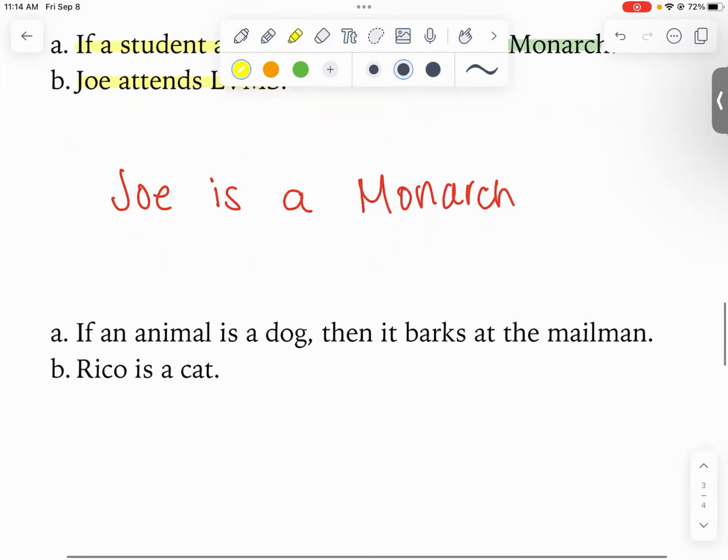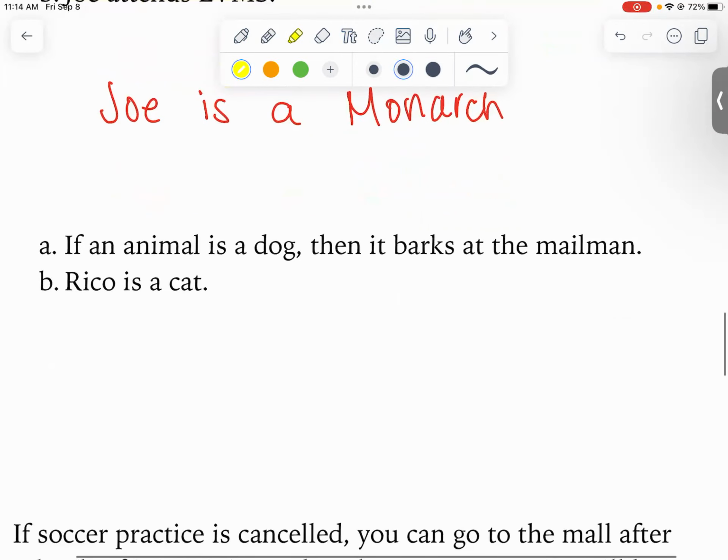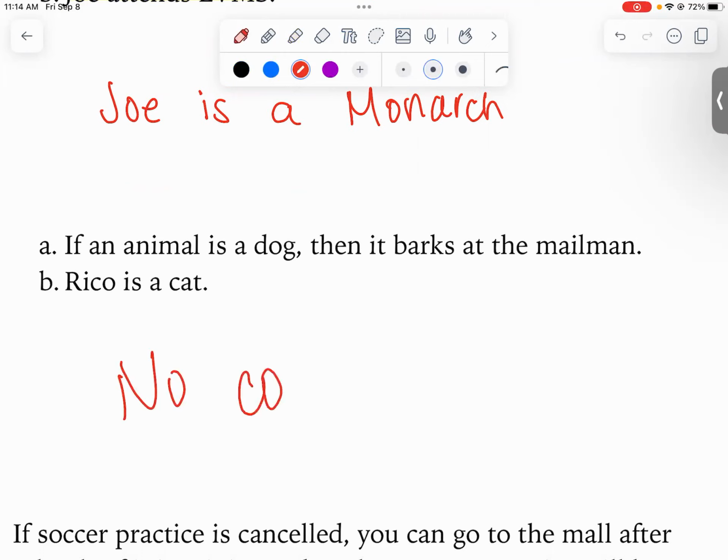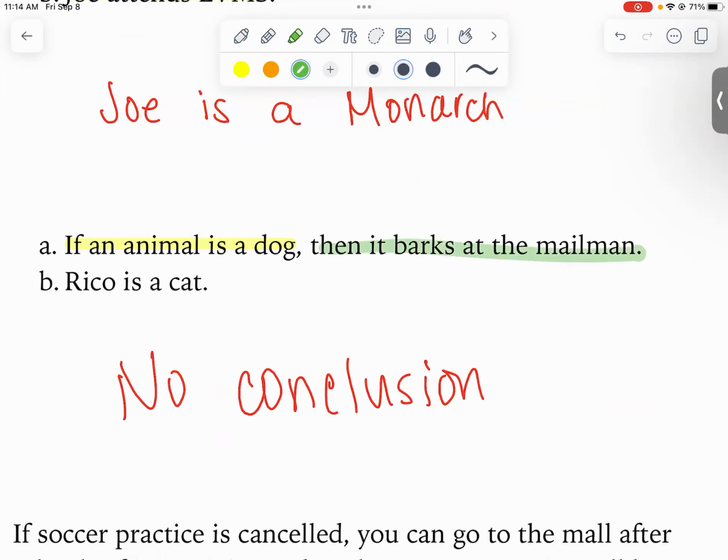Nora, what do you think about the second example? Rico does not bark at the... Okay, I like where your head's at. And I'm guessing she's not the only one who put that as an answer. However, we can't come to a conclusion. We have, if the animal is a dog, then it barks at the mailman.